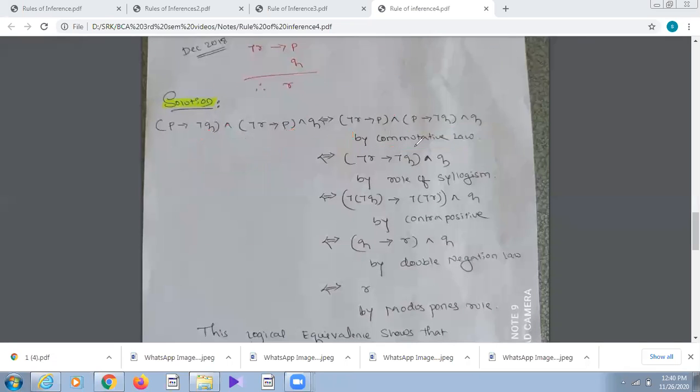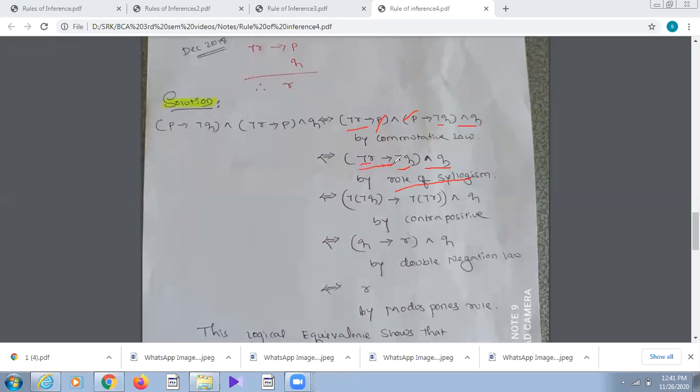Okay, so next, see here, P and P will be cancelled. We only get negation R conditional negation Q, and the remaining term as it is, conjunction Q. So this is by using the rule of syllogism. Okay, so next apply contrapositive.